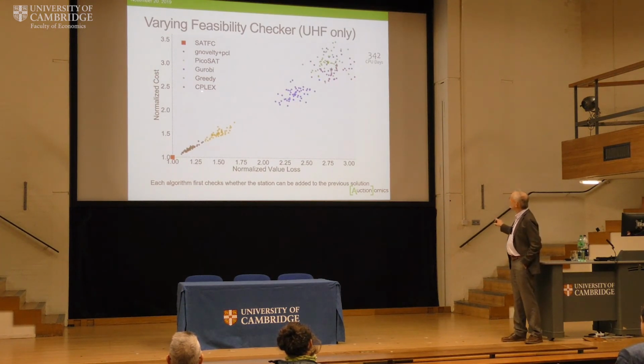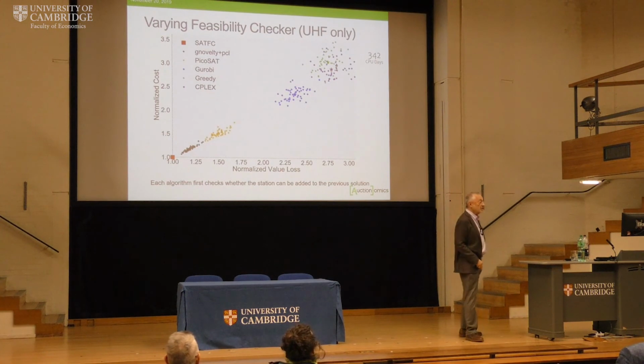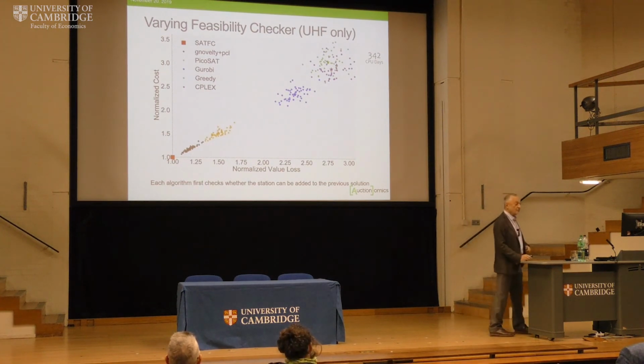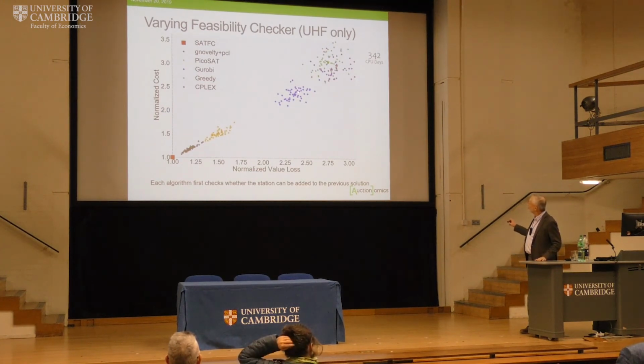CPLEX is somewhere up here, along with simple greedy algorithms. It would have led to normalized value losses about 3 times larger and costs about 3 times larger. It would have made an enormous difference if we had just used the off-the-shelf software. Gurobi is better. It's 2.5 times as much cost and 2.5 times as much value loss.